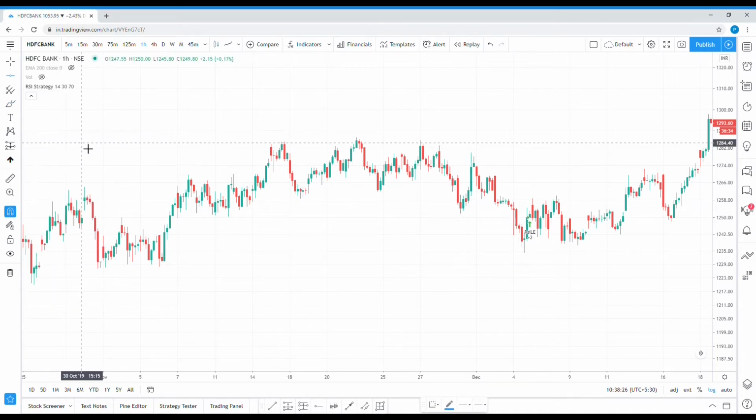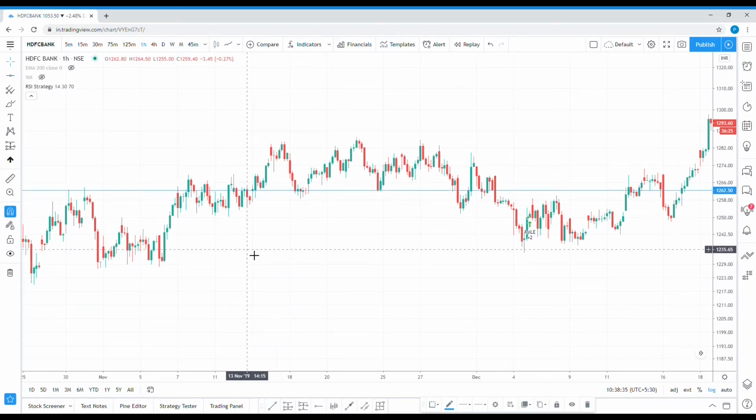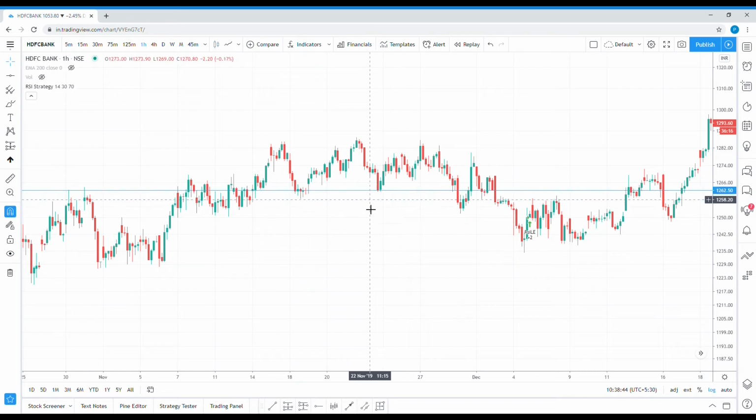Click the horizontal line and let's suppose draw it till here. It will draw a horizontal line, and as you can see, the price is moving up, coming down to this horizontal line and taking support, then going up again, coming down, and going up again from this point also.